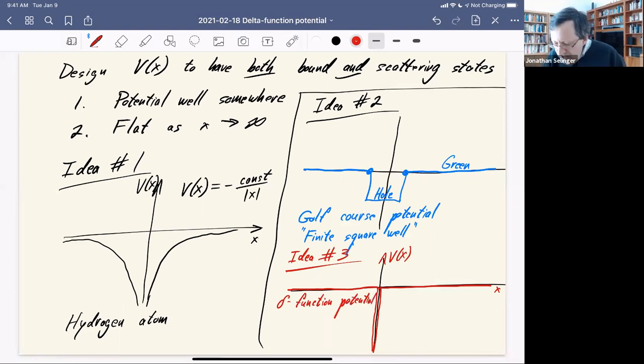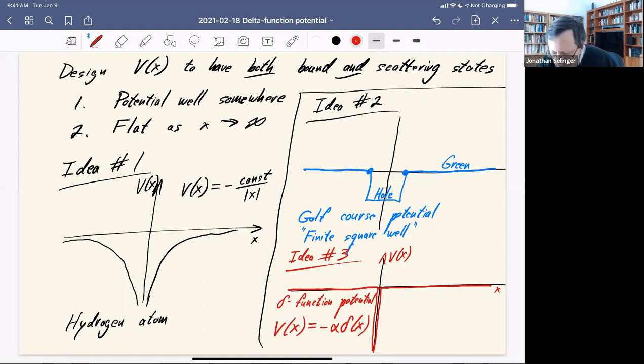And it's an upside down delta function, right? It's a delta function multiplied by some negative number. Okay? So we could write it as v of x is negative constant times delta of x. And the constant, well, the book calls it alpha, so we'll call that also.